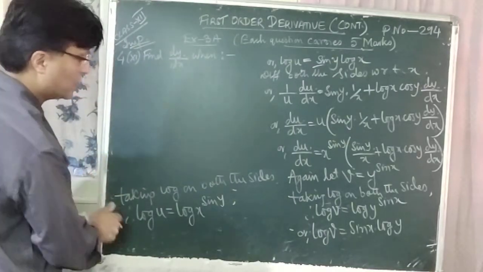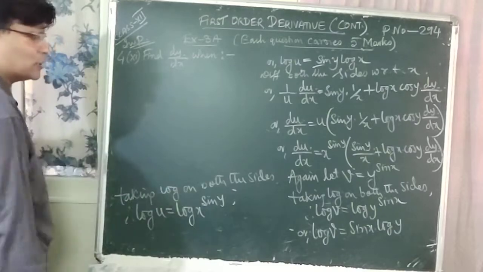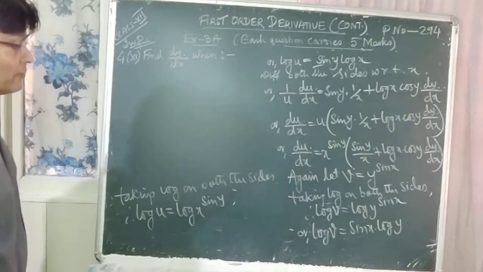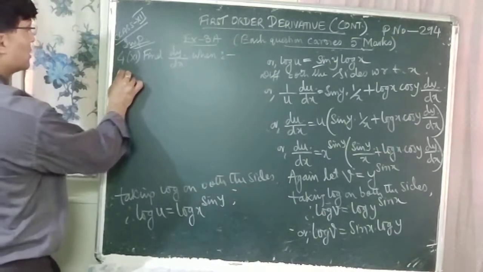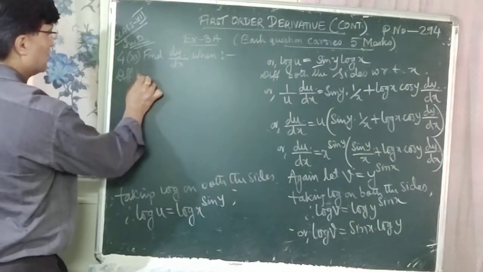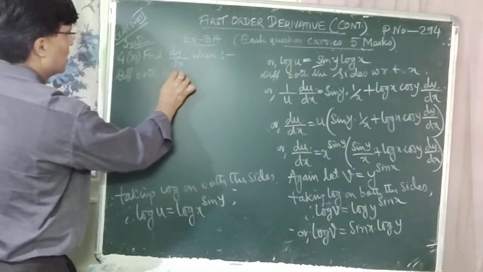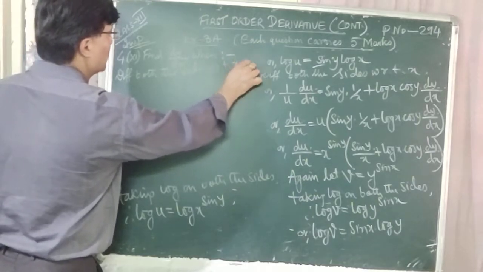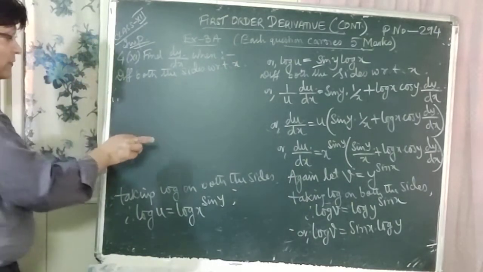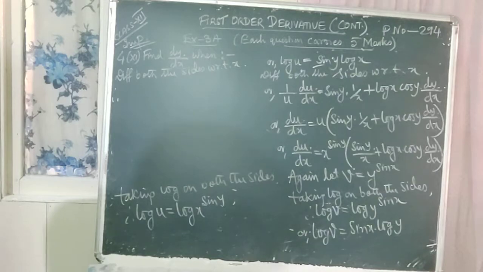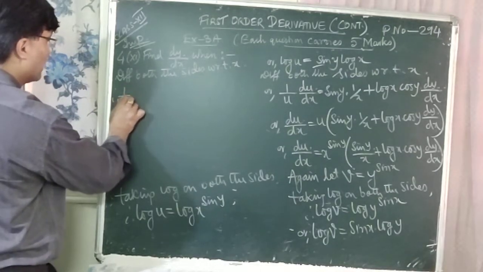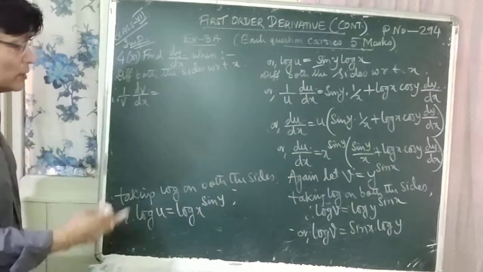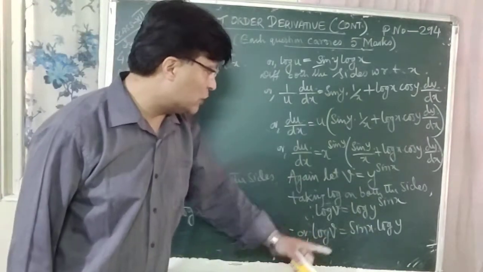Now again, you can differentiate both the sides with respect to x, isn't it? Because both the left hand side and right hand side are simplified. So differentiating both the sides with respect to x, what is the differentiation of log v with respect to x? First of all, it is 1 by v into dv by dx, which is equal to, on the right hand side also you can use the UV rule.